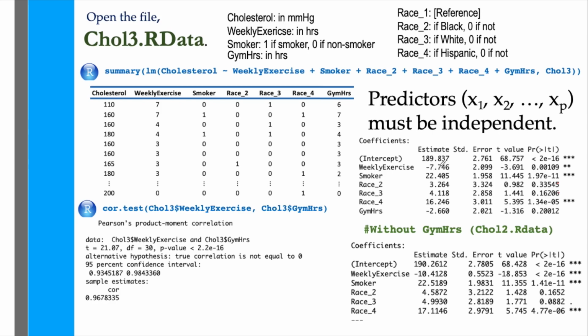Notice here that the weekly exercise coefficient changed from negative 10, and adding a variable which is gym hours, it has increased to negative 7.7. The coefficient for smokers did not change much, as well as the other three. However, there's a sudden change in the weekly exercise coefficient, indicating that weekly exercise is affected by the additional variable.